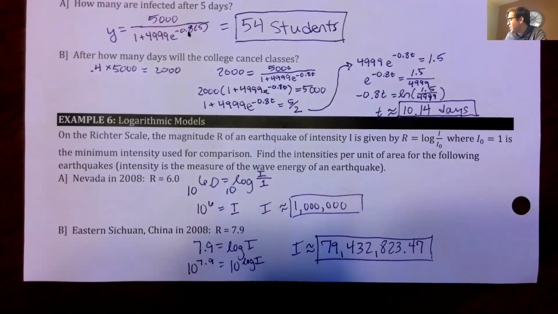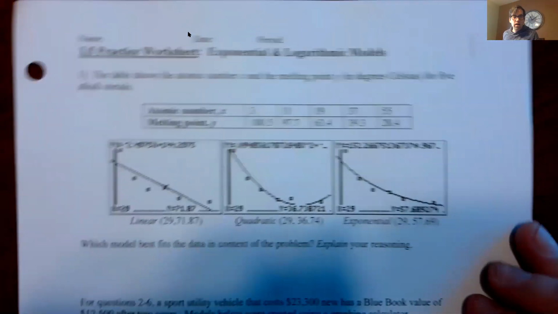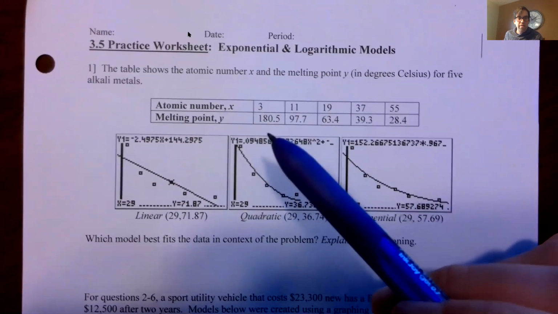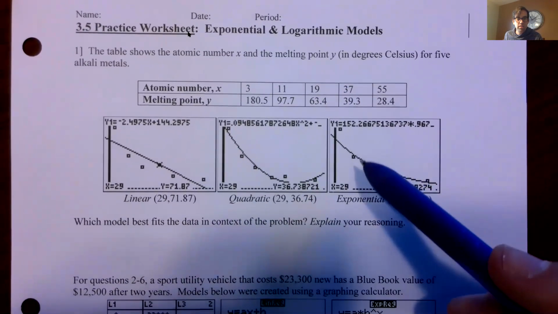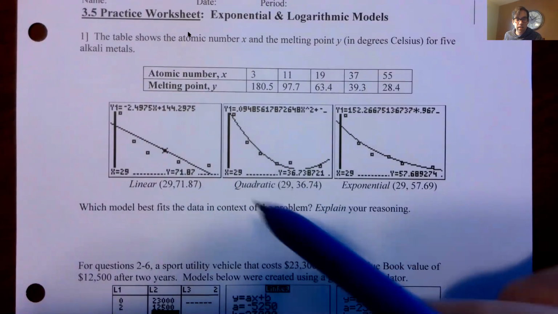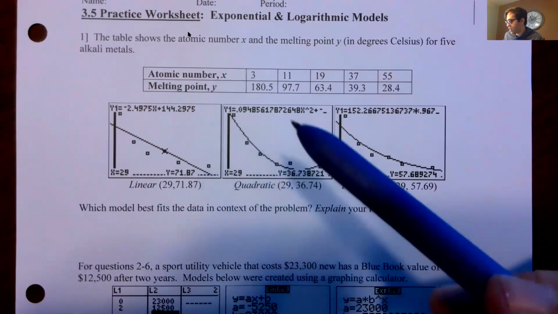That's the end of the lesson. So now you've got a practice worksheet to look at. I'm going to show you this real quick because there are some questions on here that don't line up quite exactly with the notes. In the first question, we have some data provided and then these graphs. Notice that your calculator can give you best fit models for all different types of setups.